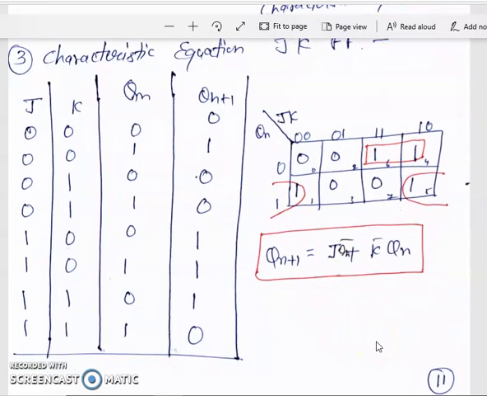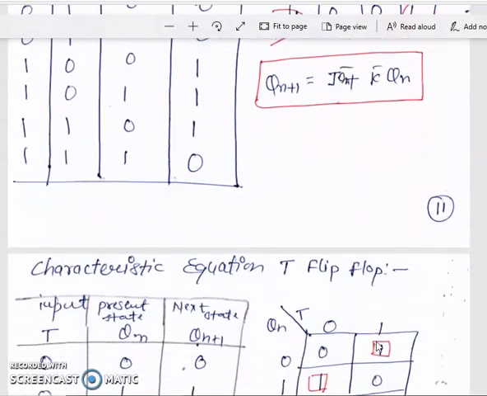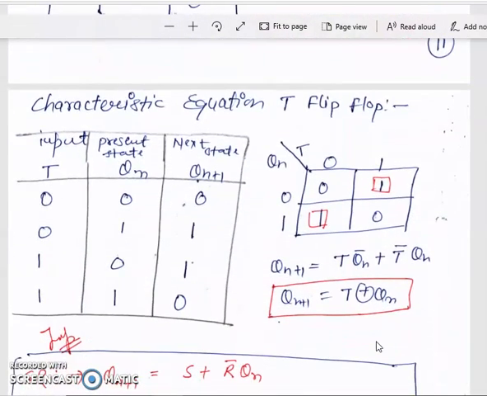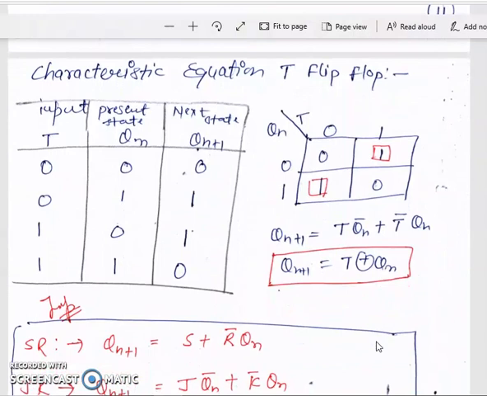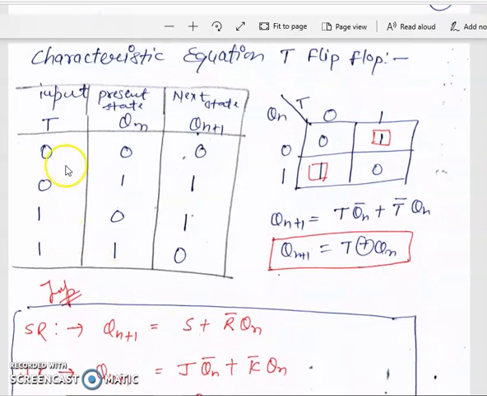Finding the characteristic equation of the JK flip-flop is very easy if we are very familiar or very good in K maps. Next, and last one, is the characteristic equation of the T flip-flop. The T flip-flop has the input T, the present state Qn and the next state Qn plus 1.